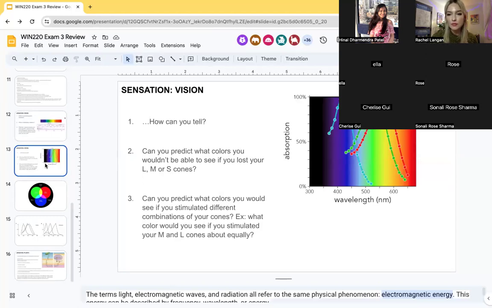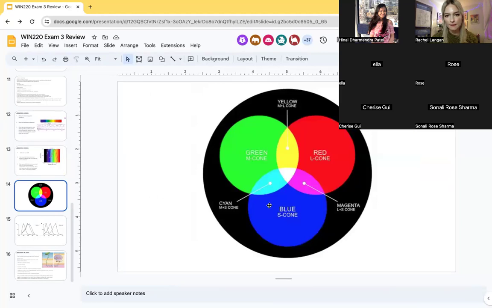And for S it's blue and purple, and for M it's green, deep red, purple and magenta. Yes. So if you lost your M or middle cones, you wouldn't be able to see green or cyan. I see. Can we go through different variations of question 3?